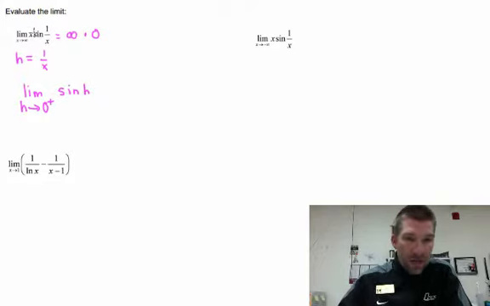Now also though, I've got this x right here all by himself. So what I need to do is solve this equation for x, and the way that you do that is you multiply both sides by x. So that gets me xh equals 1, and then divide both sides by h.